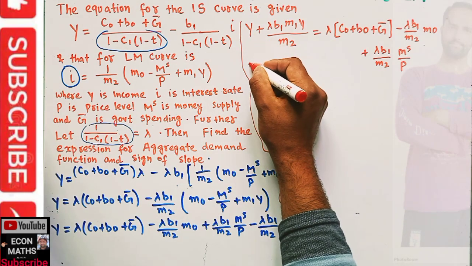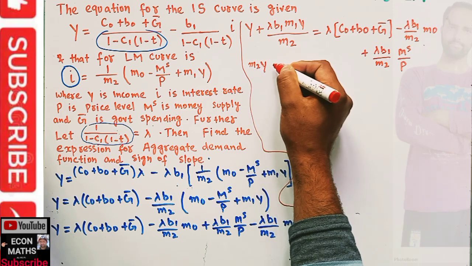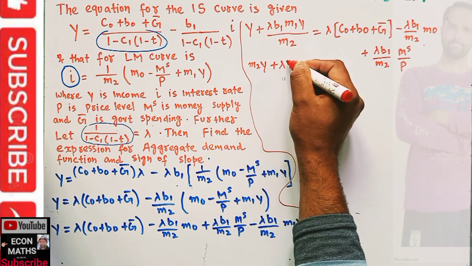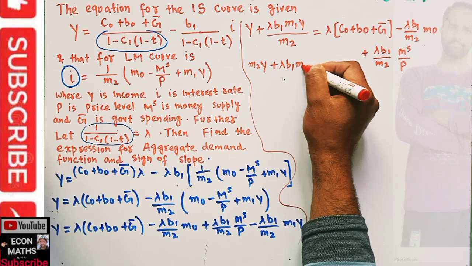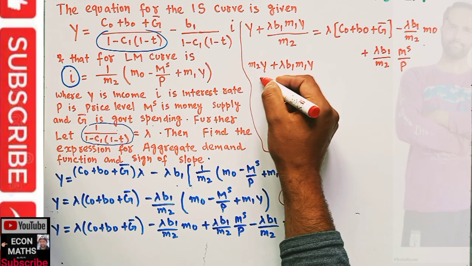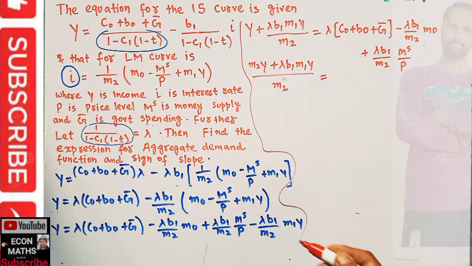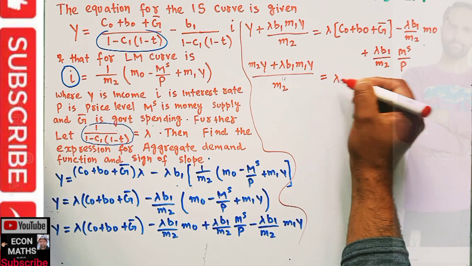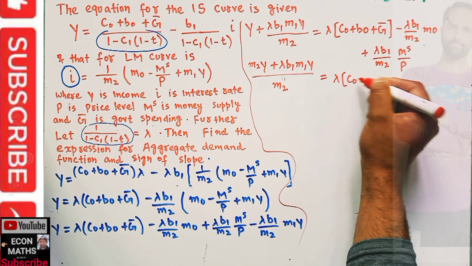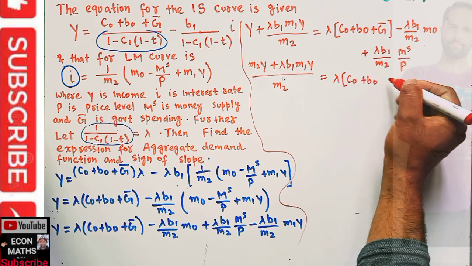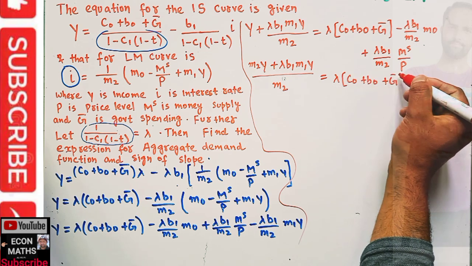So we have M2 Y plus lambda B1 M1 Y upon M2 equal to lambda (C0 plus B0 plus G bar).